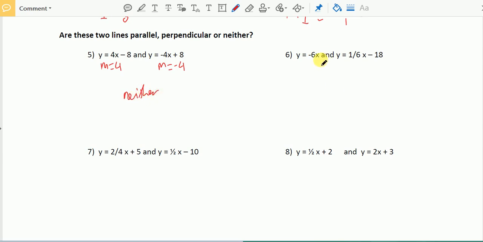This one, I have the slope to be minus 6, and this one, the slope is the number in front of x, which is 1/6, right? Minus 6 is minus 6 over 1, and if you flip that, it becomes 1 over 6, and you take the minus of that, it becomes positive. So they are negative reciprocals, which is perpendicular.